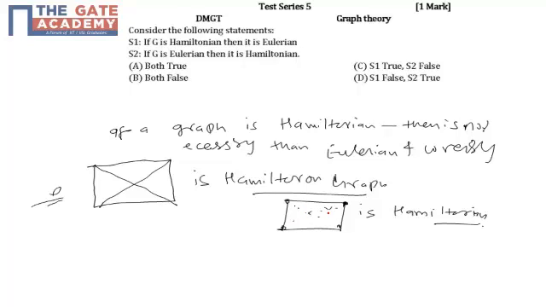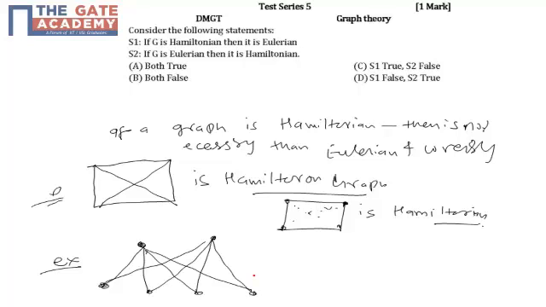So now an example for the Hamilton graph. Let us suppose we have 6 vertices. Now Hamilton graph means there is an edge between every vertex and all other vertices. So here I am going to take this graph, and with this set of vertices all the edges are there, this graph is Eulerian.